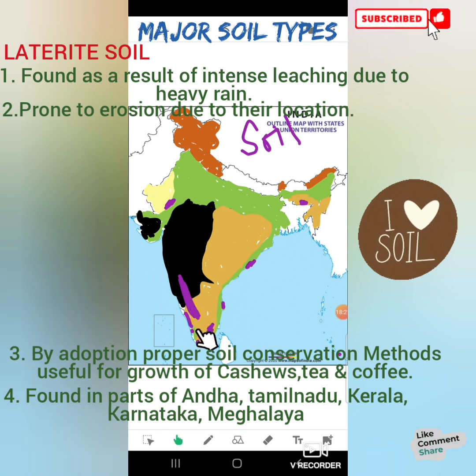Due to the heavy leaching, the topsoil is removed. When there is heavy rainfall, the topsoil will be removed. As a result, humus content will be less in these areas. So their position on the landscape is the reason they are not very fertile. In fact, they are infertile.